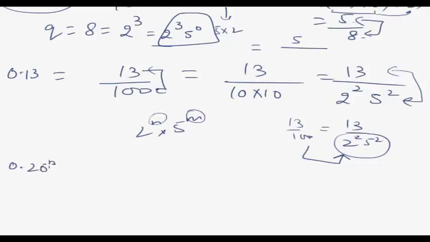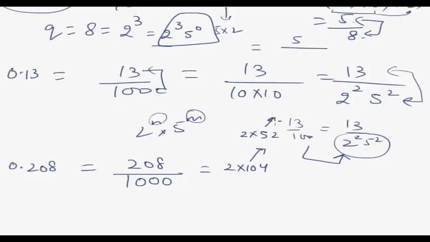One more example, that is 0.208. It can be first simplified as 208 over 1000. Now 208 is 2 into 104, and this 104 is 2 into 52, 52 is 2 into 26, whereas 26 is 2 into 13.